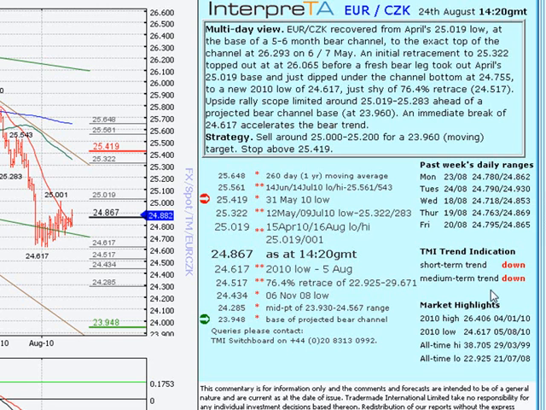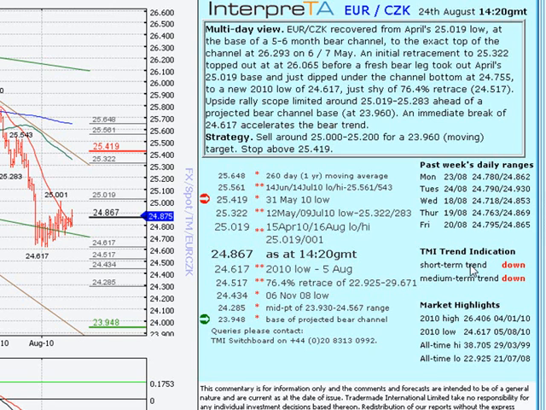If we look at this other sub-column in here, we can see some further statistics. The past week's daily ranges are indicated here. This is the last 7 days. Today happens to be a Tuesday, so we have today's high and low indicated here, along with yesterday's and then the previous 3 days before that, which were last week.